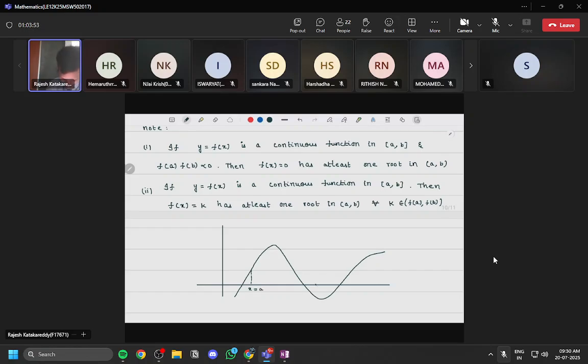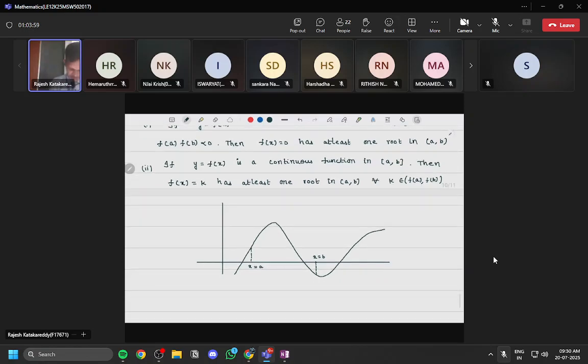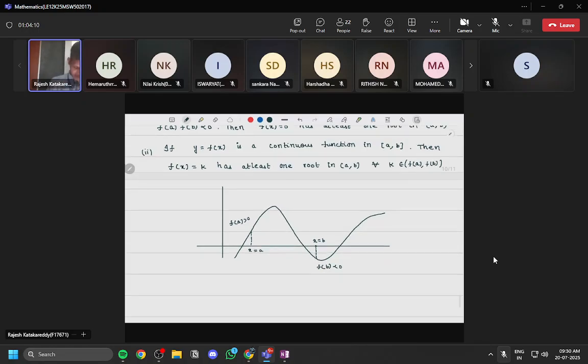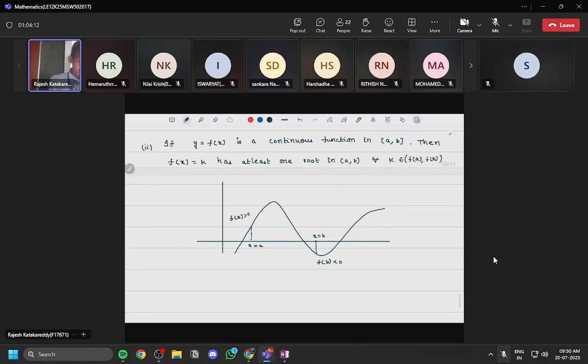And then somewhere here, this is x is equals to b, f of b is below the axis. Now I can say in this case, f of a is greater than 0, f of b is less than 0. Function is continuous in a closed interval, and function values at a and b are opposite in sign. Then there must be at least one root in between a and b.